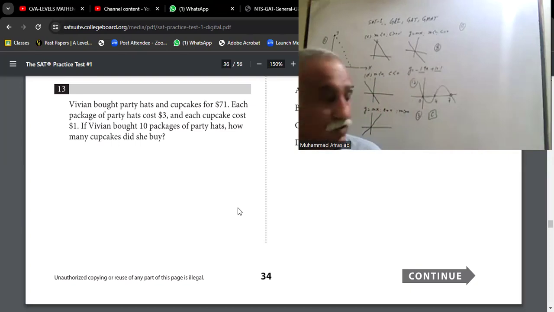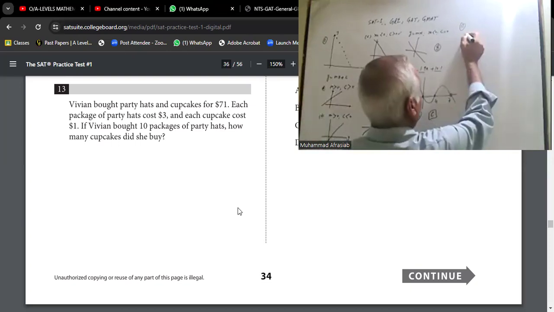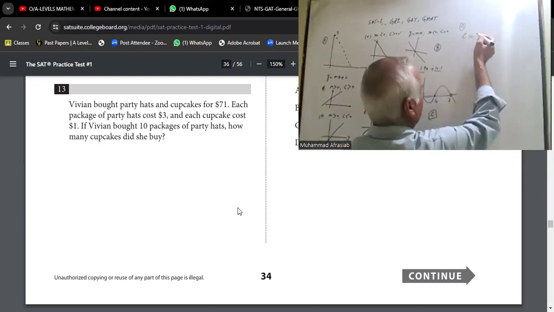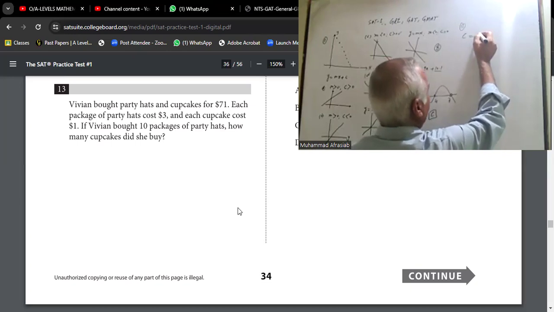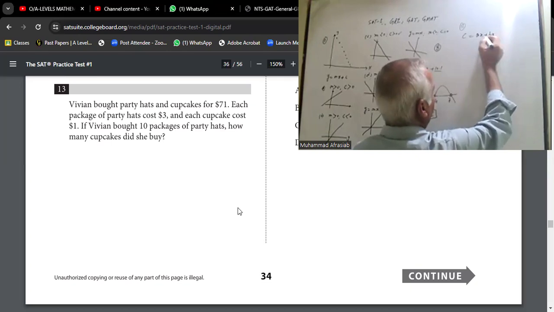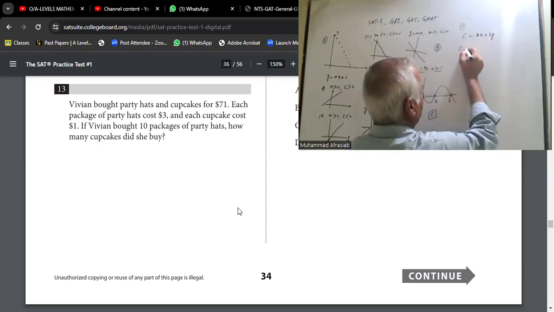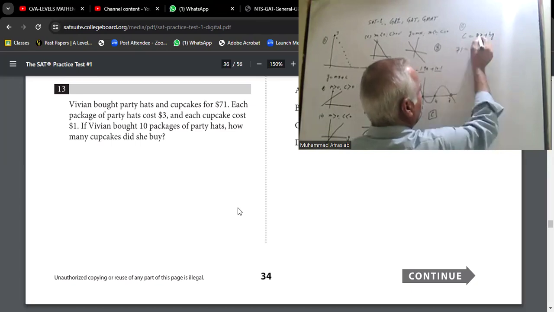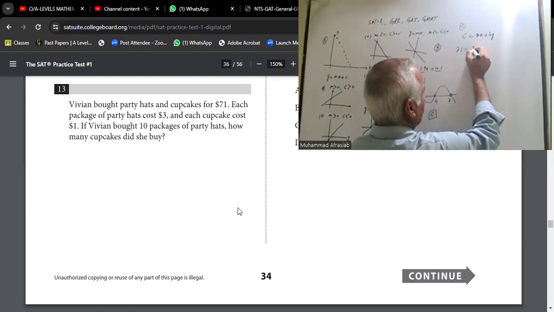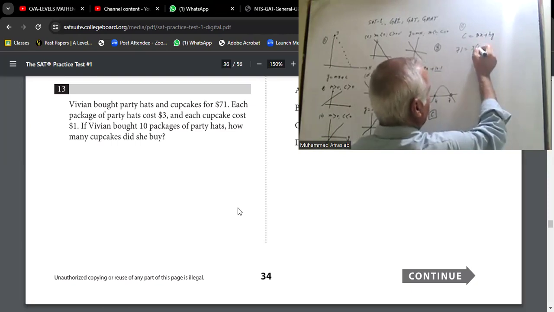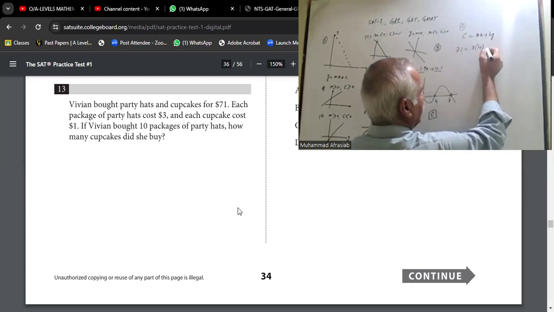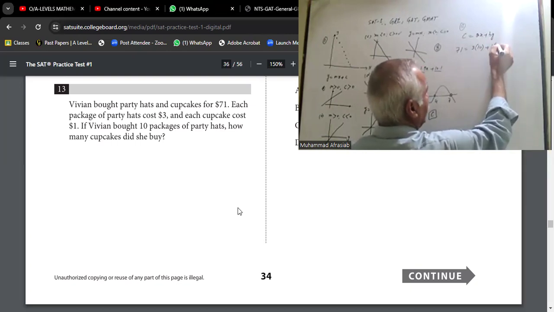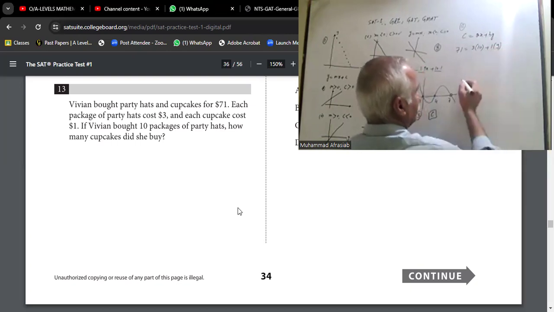If C is the total cost for those cupcakes and hats, then it should be equal to AX plus BY, where this C cost is $71. The price of a hat is 3, and they are going to buy 10 of them, and that is going to be Y there.